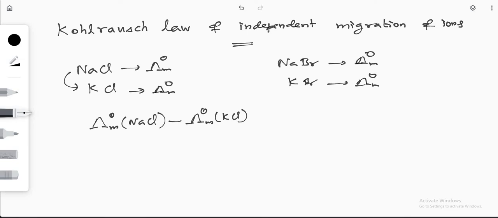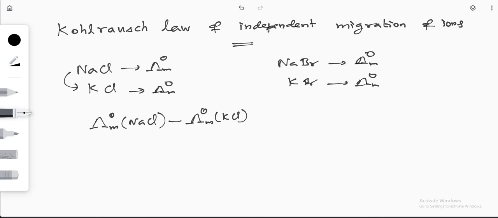Students, observe carefully. He measured the lambda m naught value for the strong electrolytes, say for sodium chloride and potassium chloride, and he took the difference. The difference gives a constant value.